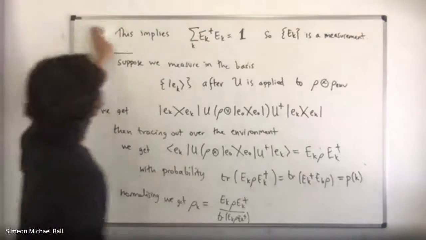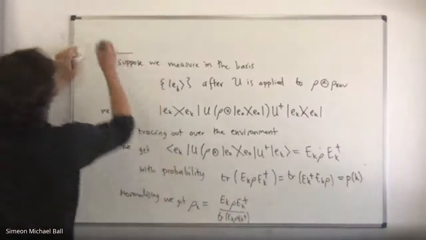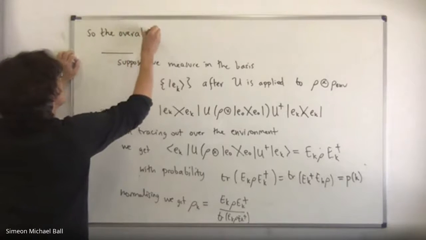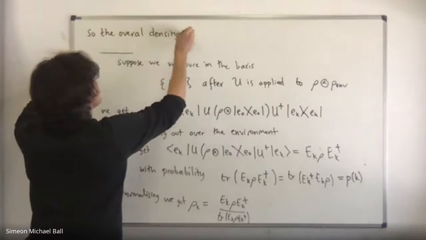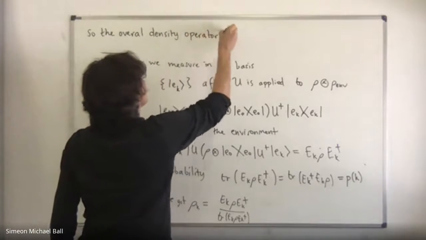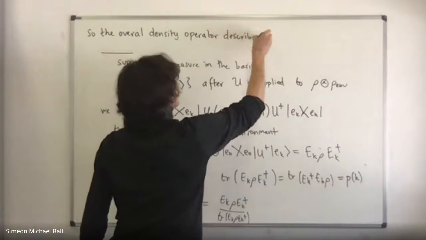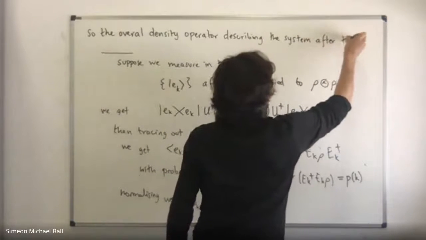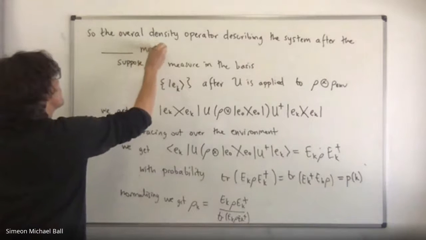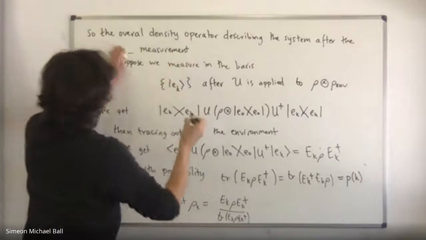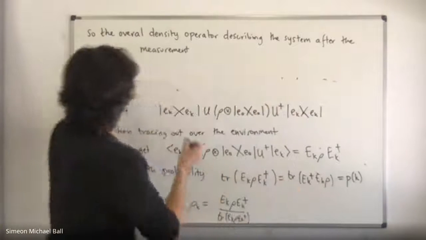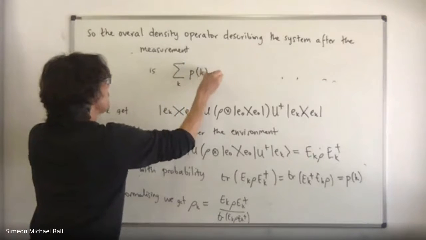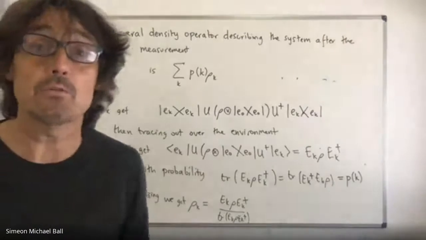And then the overall density operator describing the system after the measurement, well, that's going to be the sum over k of p_k times rho_k. Okay, if you remember, that's in fact how we almost introduced density operators.